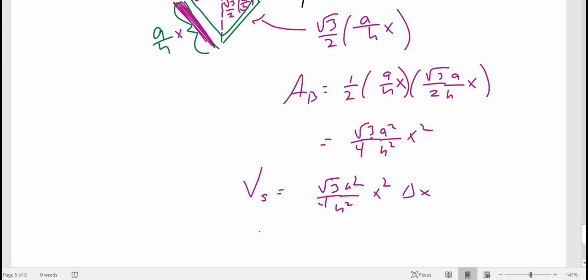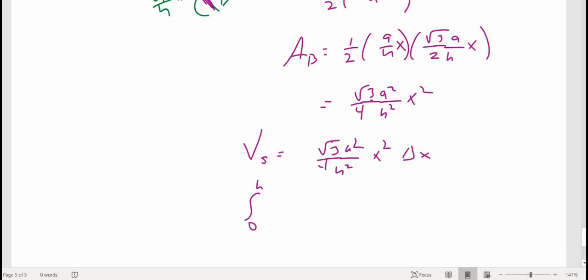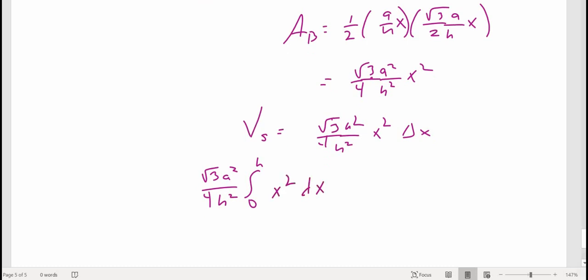And then we want to add all those up, so we're going to integrate from 0 to h. Since the a's and h's are constants, I'm going to pull those out front. And this is what we get. So square root of 3 a squared over 4h squared, and that's going to be 1/3 x cubed, evaluated from 0 to h.